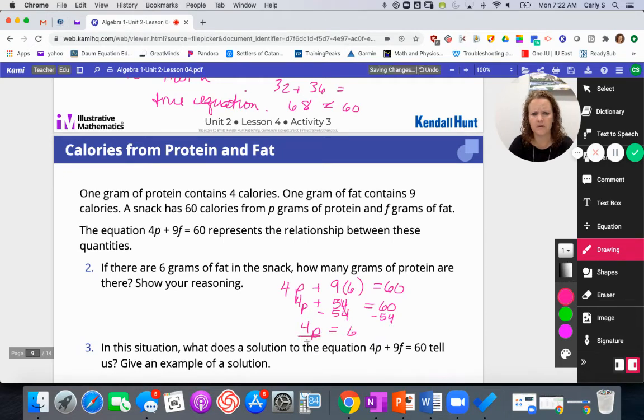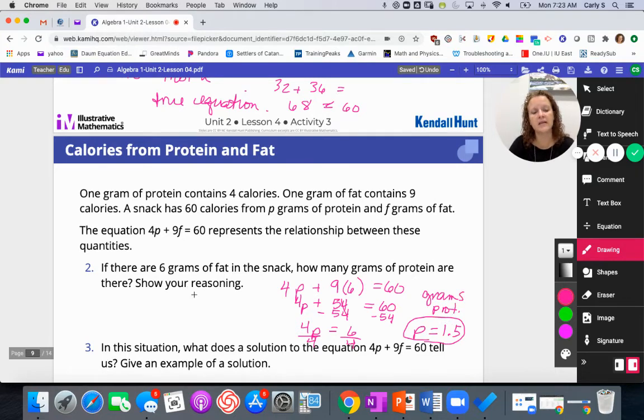Divide both sides by 4. I have P equals 1.5. So that would be the grams of protein. 1.5 grams of protein.